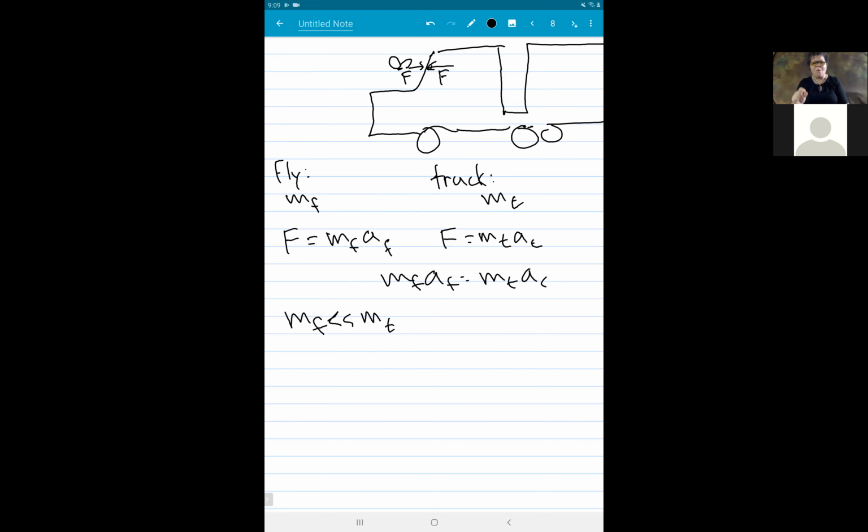That must then mean that the acceleration of the fly is much, much larger than the acceleration of the truck. Little m and huge A equals big M and little a. It's basically saying like 3 times 4 equals 4 times 3, right? The only way those two things can be balanced is if one's small and the other one's large. Hold on one second.